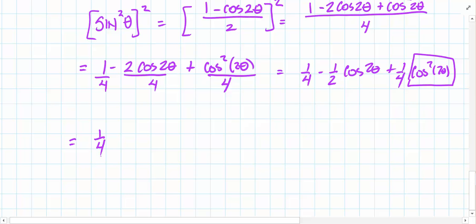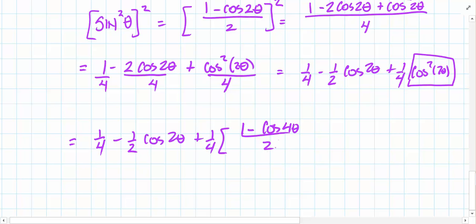So you should get 1/4 minus 1/2 cosine 2 theta plus 1/4. What'd you guys change this to? Cosine squared of 2 theta. Yeah, it should be 1 minus cosine 4 theta over 2. Actually, it should be plus, huh?